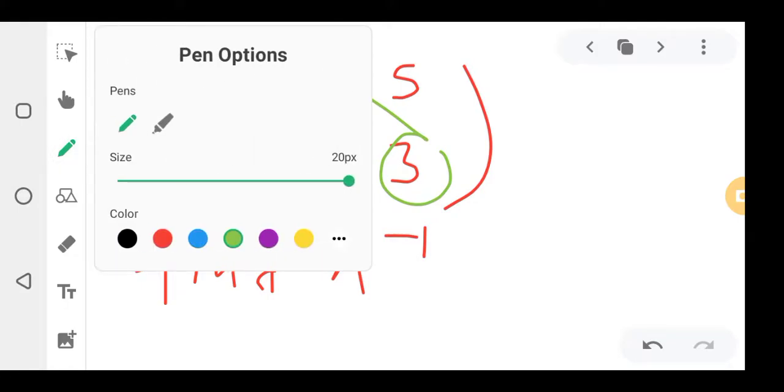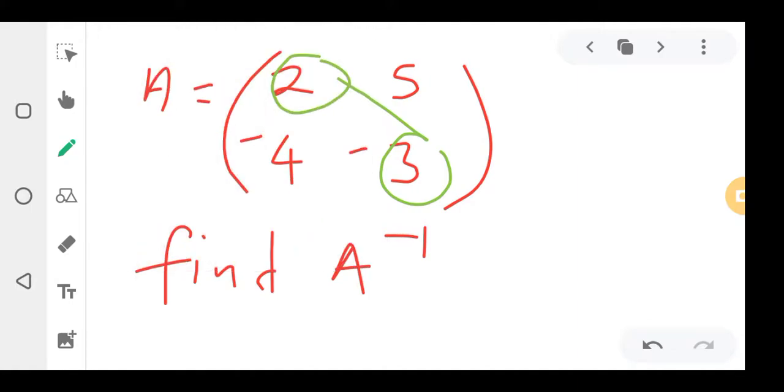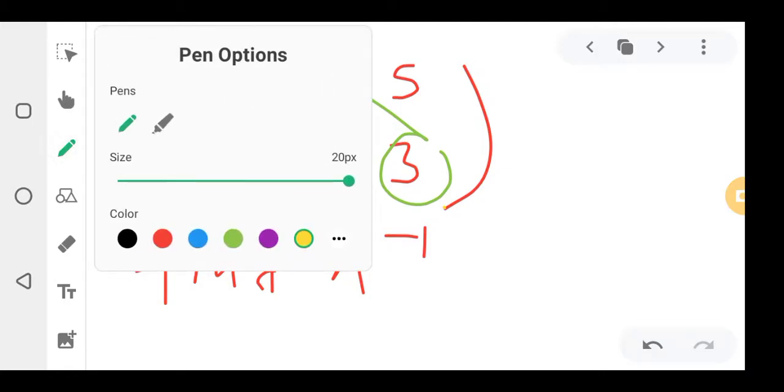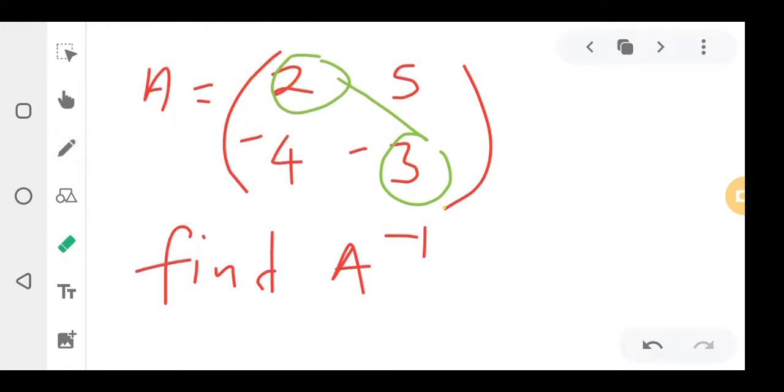The reverse. Okay? 2 goes where 3 is. You see the ones that are circled. Negative 3 goes where 2 is. This is actually negative 3, not just 3.